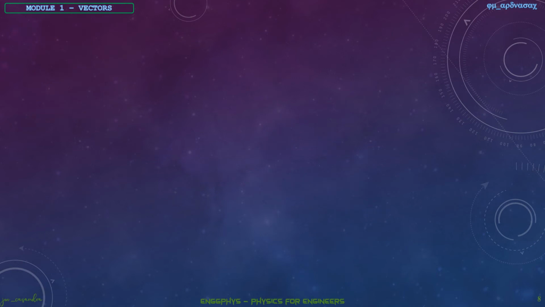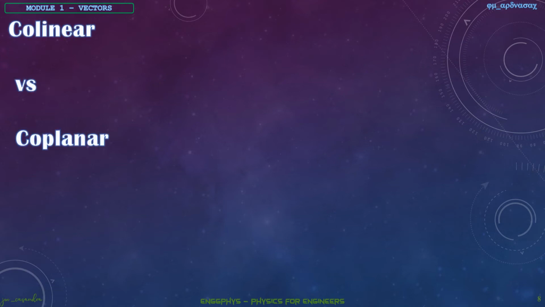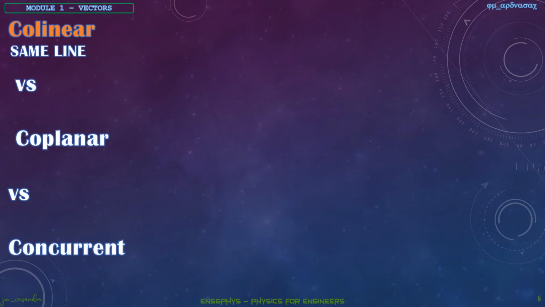Okay, so now we have learned how to draw and represent our vectors. Another important thing to learn in vectors is to identify the difference between collinear, coplanar, and concurrent. When we say the vectors are collinear, it means that they are lying on the same line.